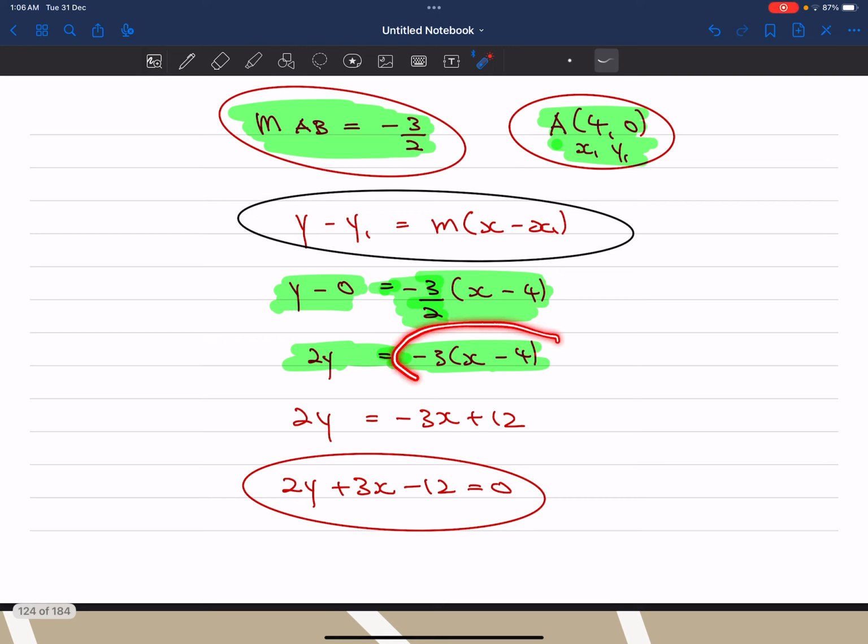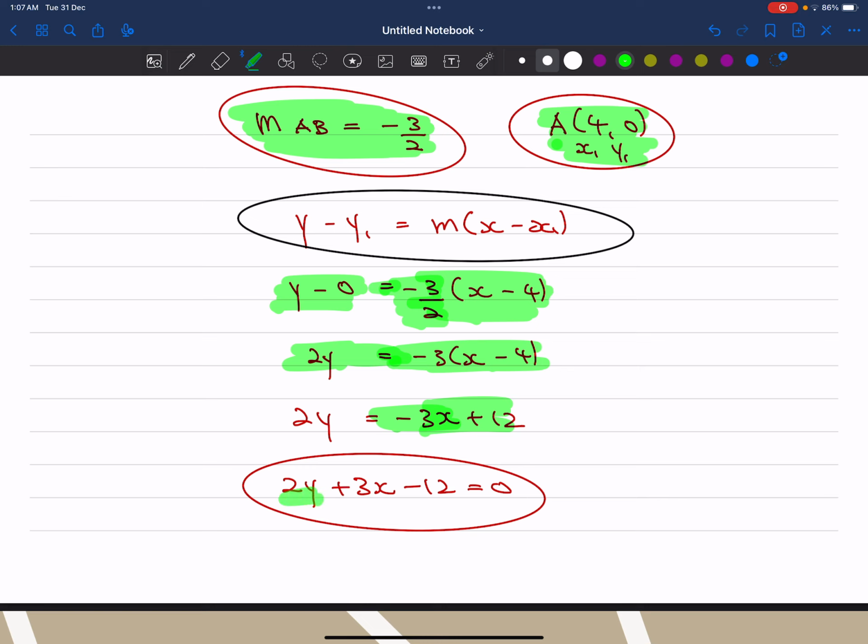On the right hand side, I'm just going to expand. Negative 3 times x is negative 3x. And then negative 3 times negative 4, be careful, is positive 12. In order to get the straight line equation, it is better to transfer everything and make it equal to 0. So the right hand side, I transfer to the left hand side.